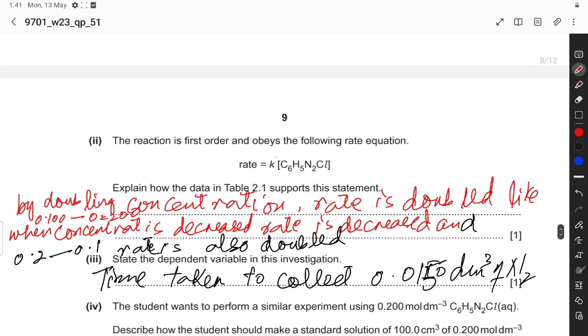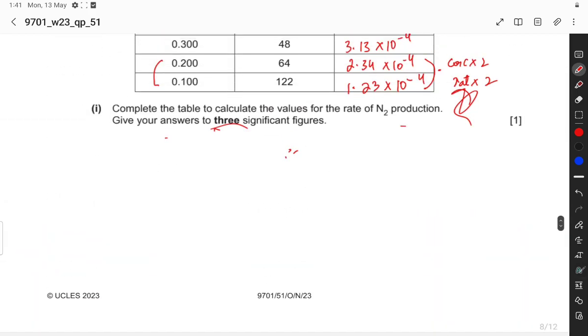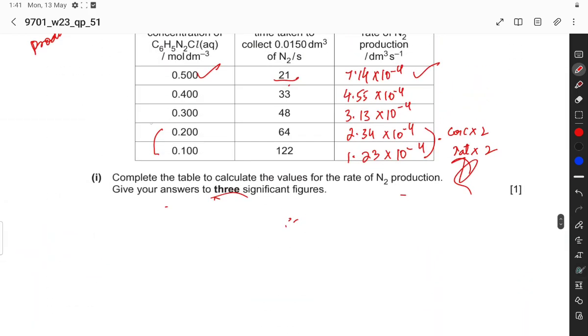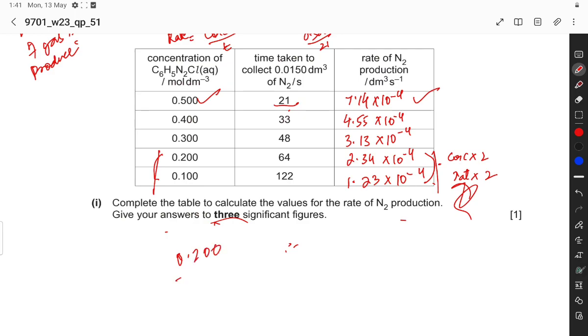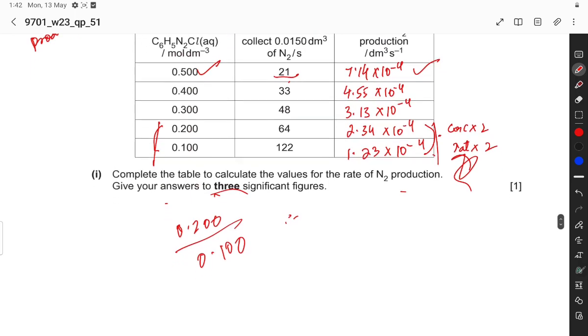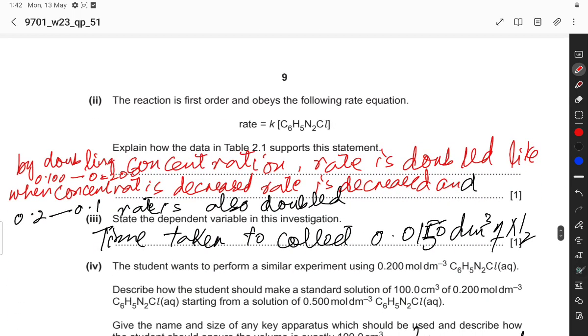The reaction is first order and obeys the following rate equation. If we use these two values and two rates, 0.200 divided by 0.100, by reducing the concentration to half, the rate is also decreased to half. So that's why this is a first order reaction.